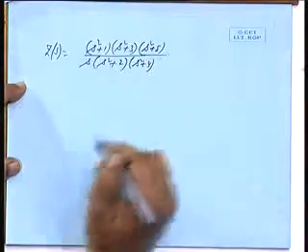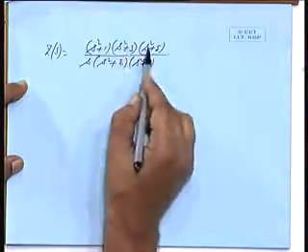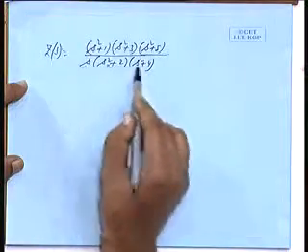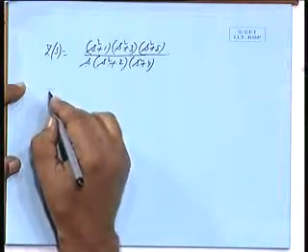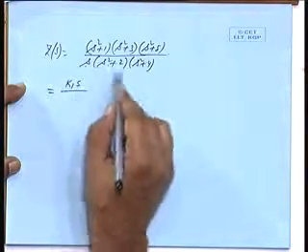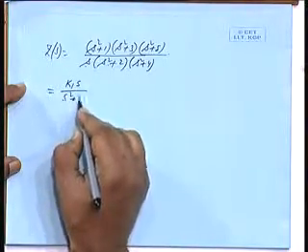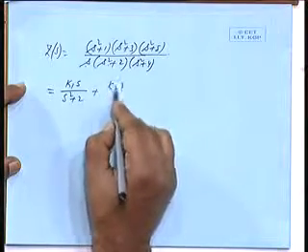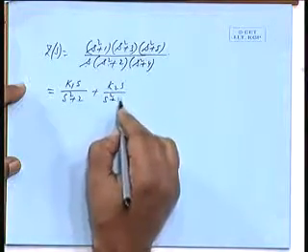Okay. So numerator is S to the power 6, denominator is S to the power 5. So what will be the form like? K1S by S squared plus 2 plus K2S by S squared plus 4.